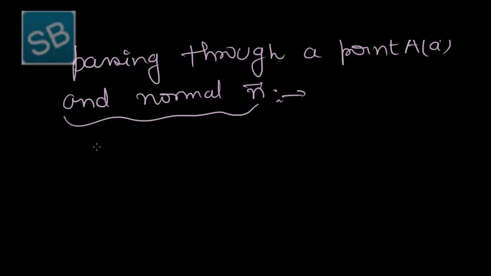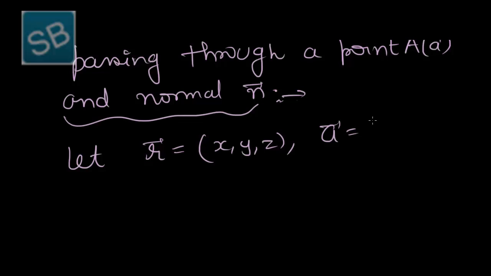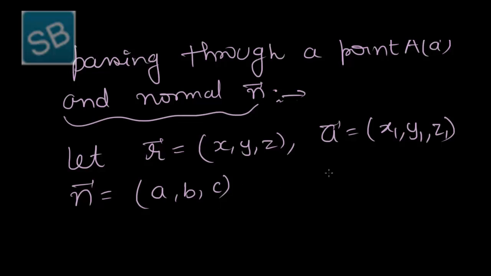That is, let vector r have coordinates x, y, z, vector a have coordinates x1, y1, z1, and vector n have coordinates a, b, c.